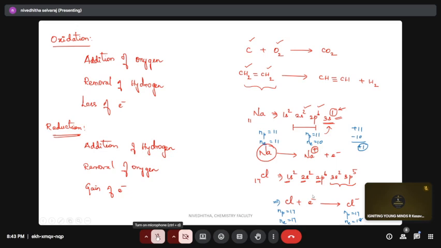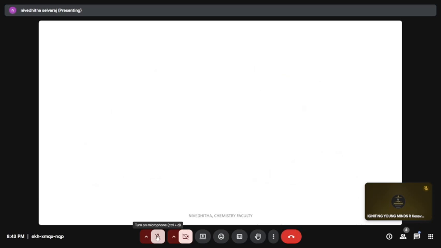Okay, fine. So in a chemical reaction, if a chemical species lost its electron, then that is called oxidation. In a chemical reaction, if a chemical species gained an electron, then that is called reduction. So whenever a chemical reaction is given, we have to identify whether it is an oxidation reaction or a reduction reaction. I'll give you an example.